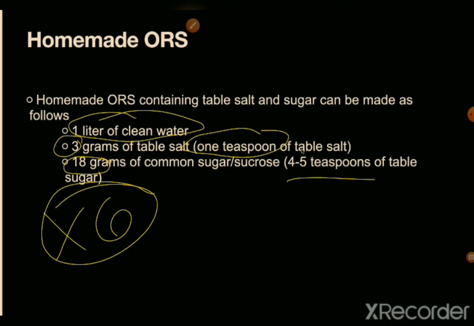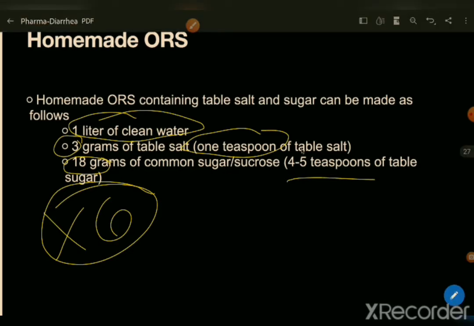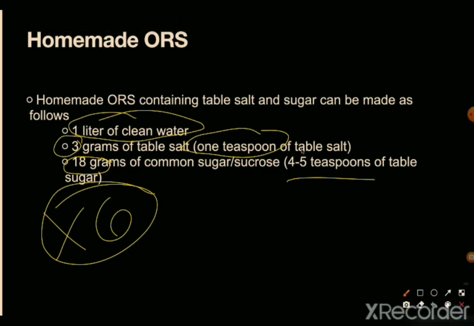For our patients who cannot afford ORS, or clients who will be going home who don't have ORS with them, they can make their own homemade ORS. Our homemade ORS contains table salt and sugar that can be made as follows. Number 1, we have water. Minimum requirement is clean water, 1 liter.